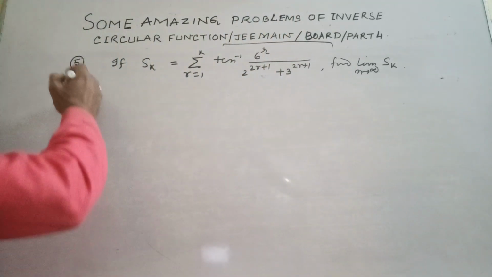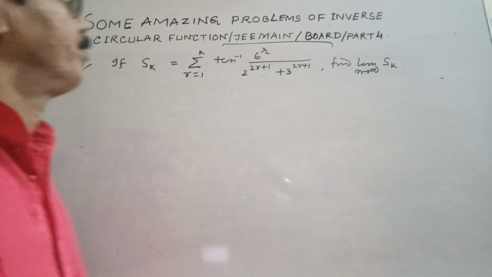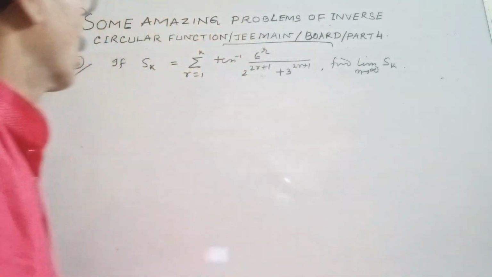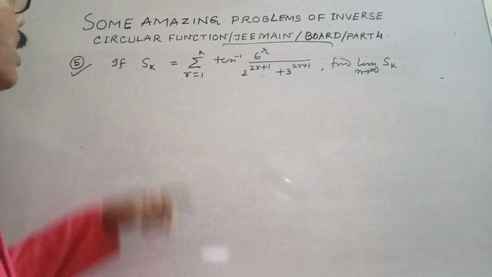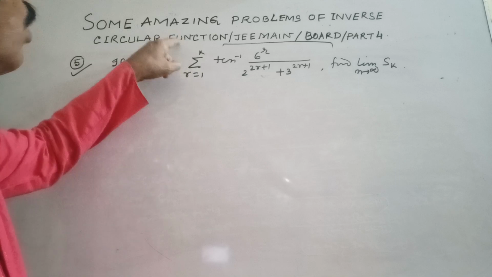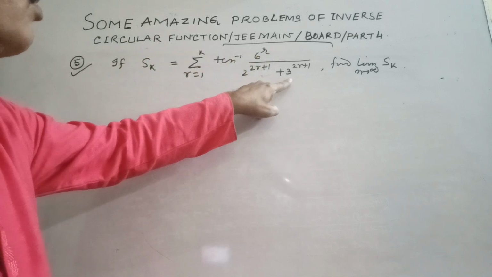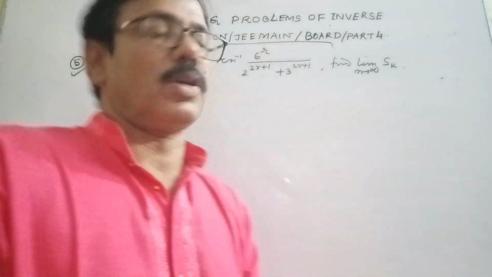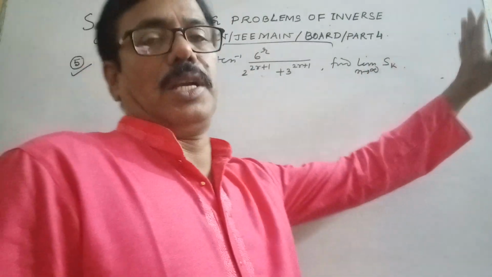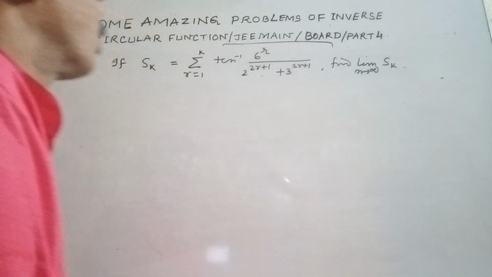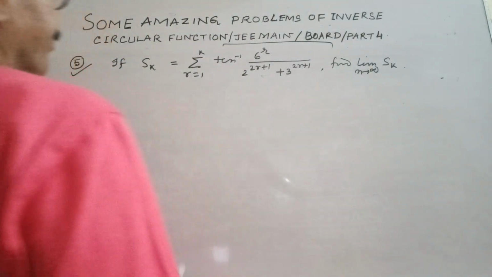Now one more most important problem of competitive exams. Sk equals the sum for r equals 1 to k of tan inverse of 6 to the power r by (2 to the power 2r plus 1, 3 to the power 2r plus 1). Find the sum up to infinity. So exactly the same problem.